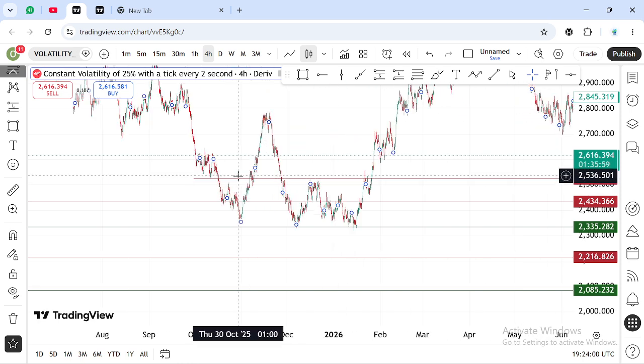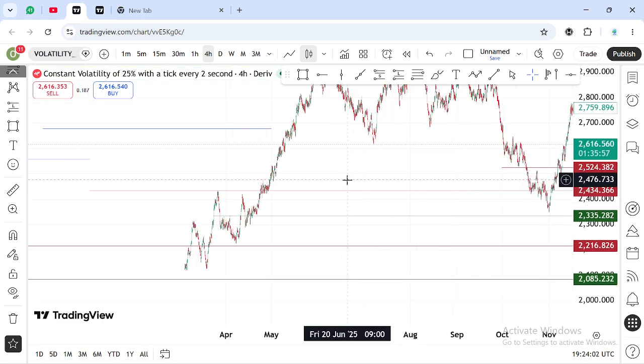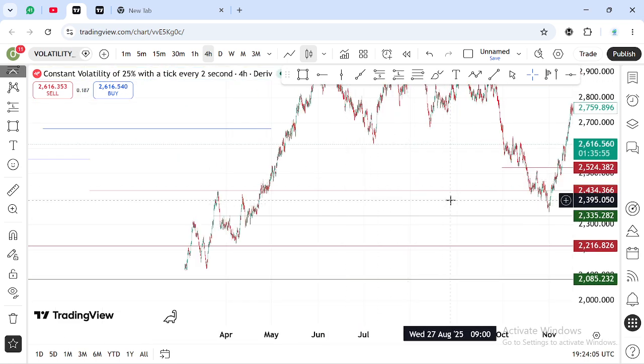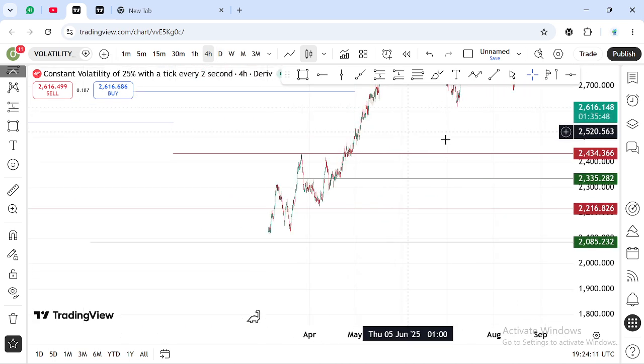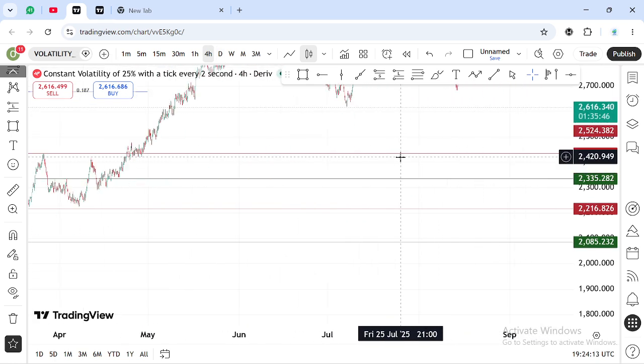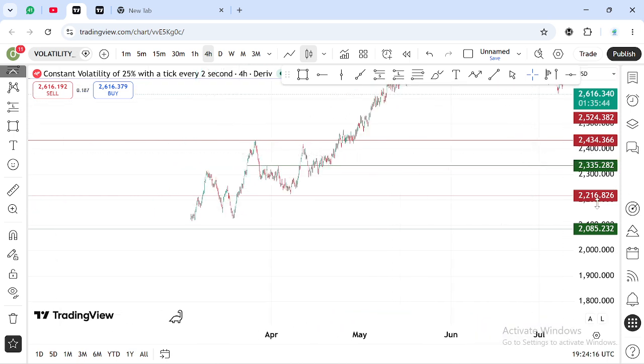So that is it. You see, that's one thing I'm not really cool with. You mark a zone on the daily time frame and it doesn't show on the smaller time frame, which is not the best, but it's okay.